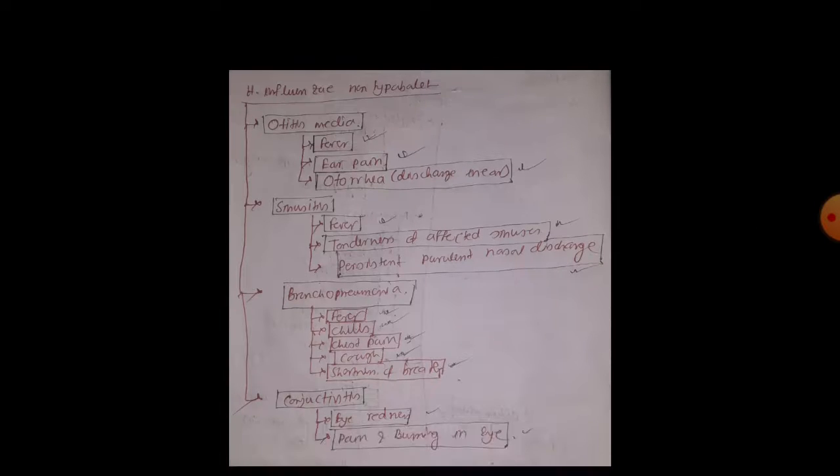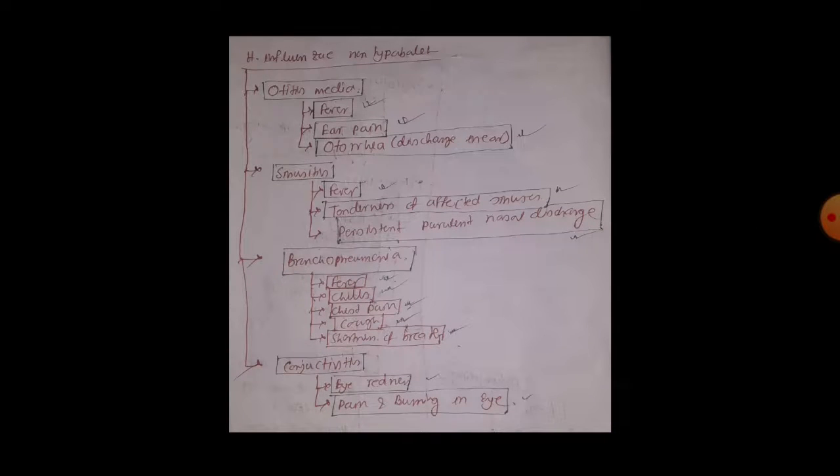And in the typeable strain, that is Haemophilus influenzae type B, we have seen that it can cause epiglottitis, which includes symptoms like fever, difficulty in speaking, dyspnea and sore throat. Also meningitis, which includes fever, irritability and alteration in mental status.